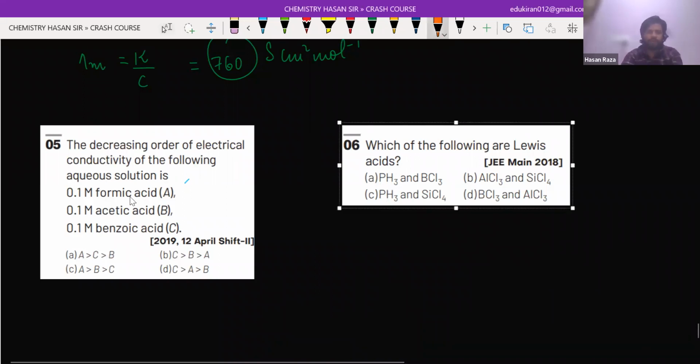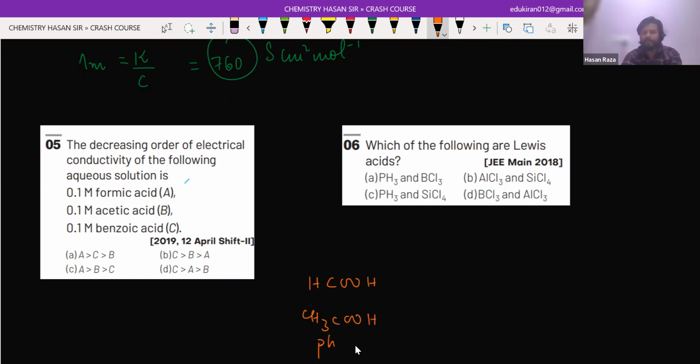Please use, as you can see, formic acid, that means HCOOH, acetic acid, that means CH3COOH, and then benzoic acid, that means PhCOOH. So decreasing order of electrical conductivity. You can relate this electrical conductivity with acidic strength.